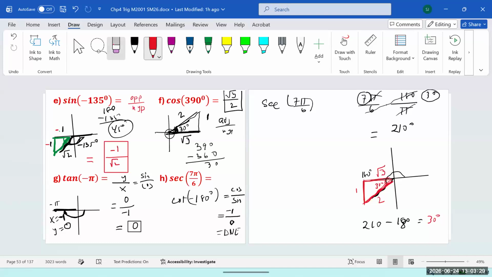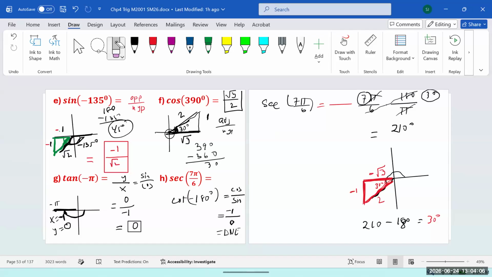We also need to decide the sign for each length. What is the x value here? Positive or negative? Negative. What's the y value here? Negative. And now, since we have a triangle, we are going to relate secant with the triangle. Secant is what over what in terms of triangle? It's 1 over cosine.